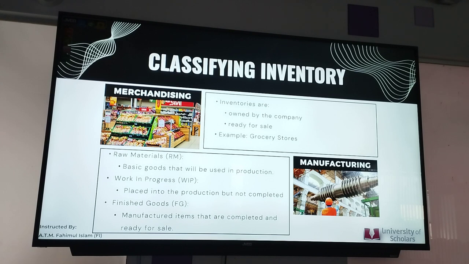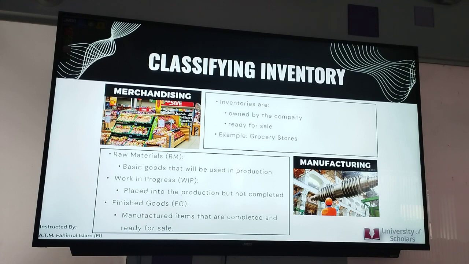So when they buy those things, they buy them as raw materials, not inventories. They buy them as raw materials which they will assemble to make their own product. So we are talking about the basic goods that will be used in production. The first stage of production is collecting the raw materials.